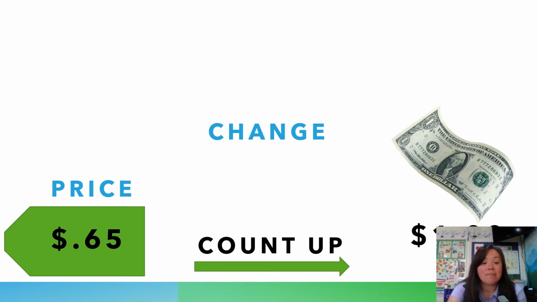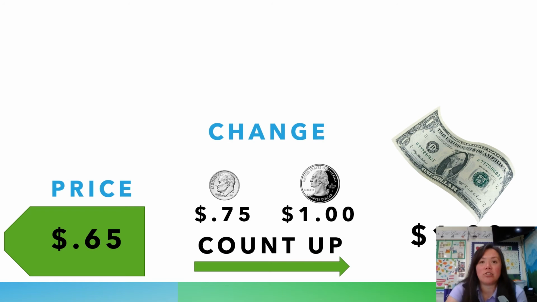What kind of coins could we add to start counting up and get all the way up to $1? My first coin would definitely be a dime, because if I go from 65 and I add 10, now I'm at 75. And those who know how to count well by quarters know that 1 more quarter would get me to $1.